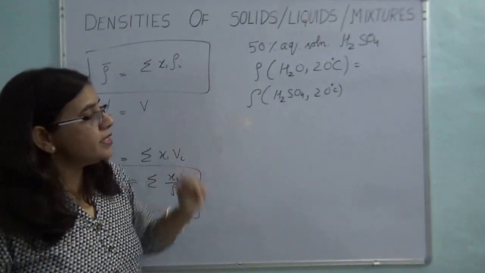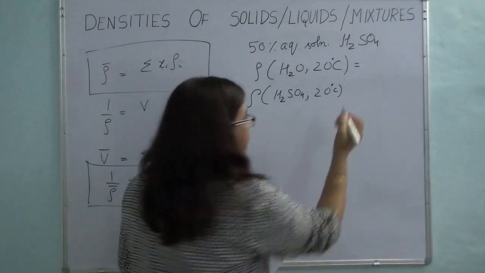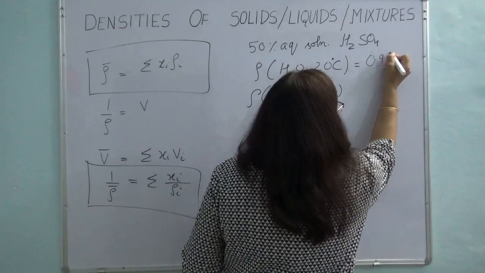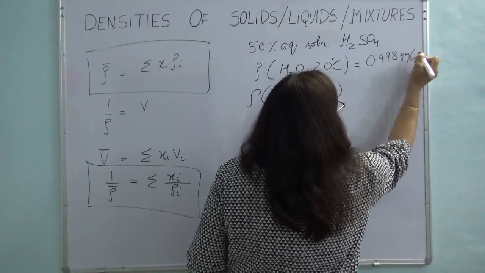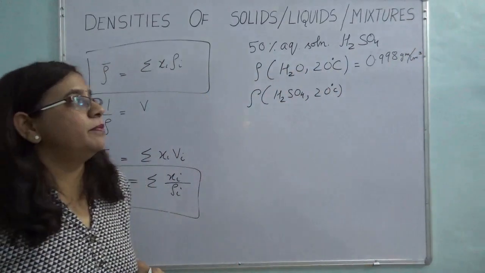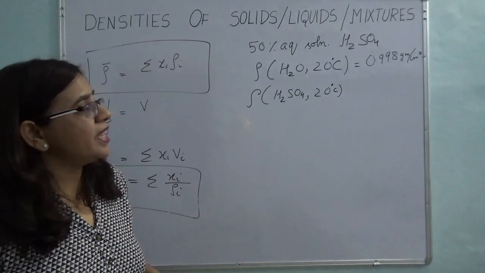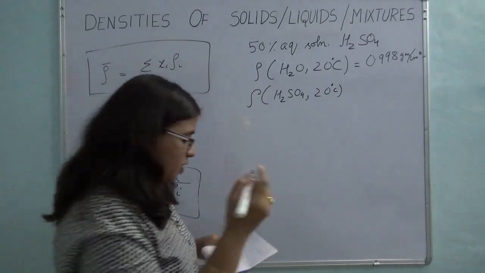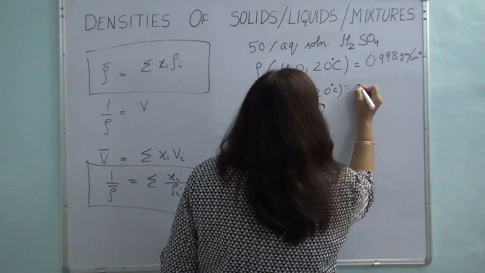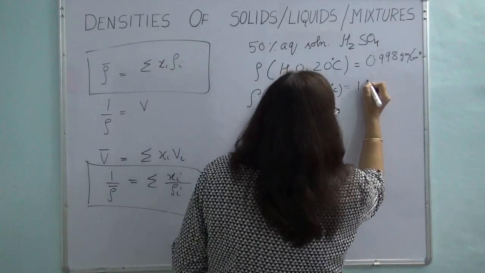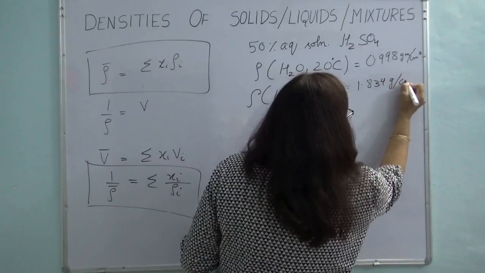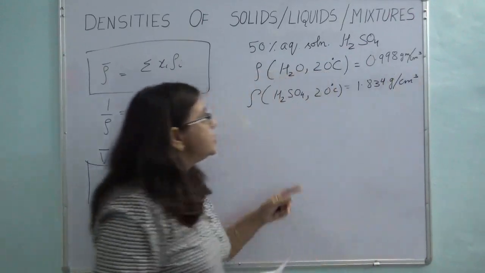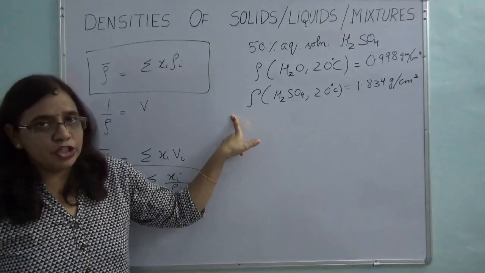Density of water at 20 degrees centigrade, as I read from the tables given either on the internet or in Perry's handbook, is 0.998 grams per centimeter cube, and for H2SO4 it lists the value as 1.834 grams per centimeter cube. So these are the densities of the pure components.